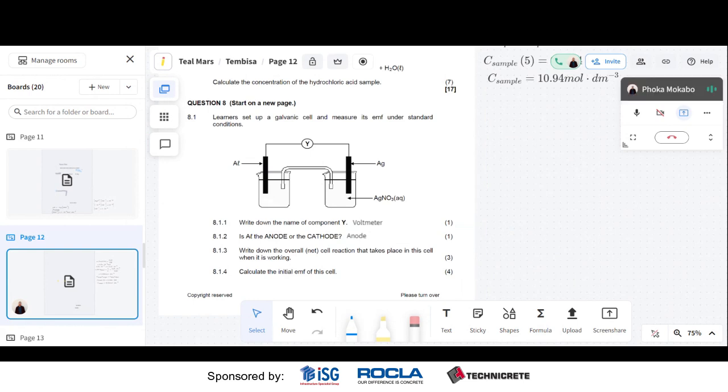8.1.3, write down the overall net cell reaction that takes place when it is working.